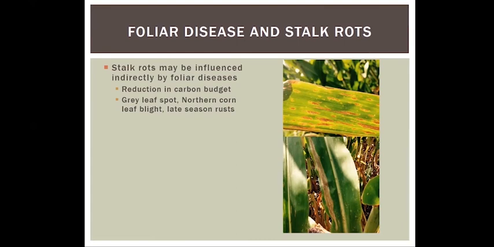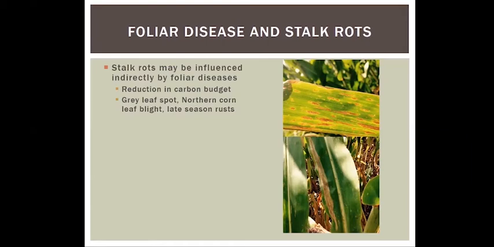Remember, and this is what I want to point out here, if you have a pathogen that comes in and starts affecting your ear leaf and above after tassel to a significant degree, say 5% to 10% severity on that ear leaf, that can be sufficient to reduce your carbohydrate budgets, where you start to see those carbohydrates being limited, and then the issues with starch and carbohydrates being moved from lower tissues occurring.